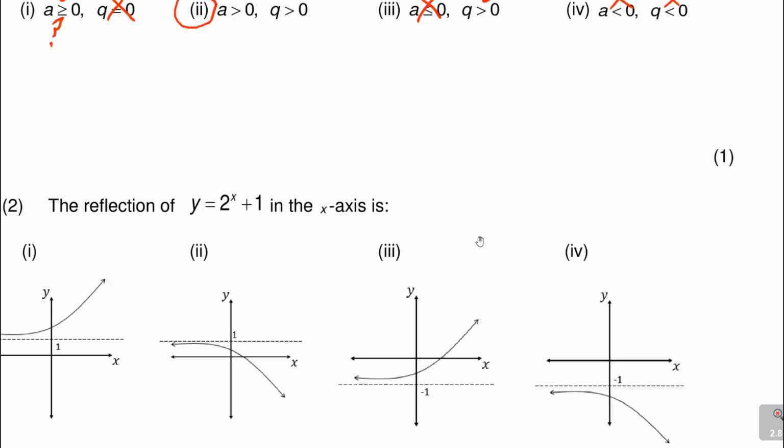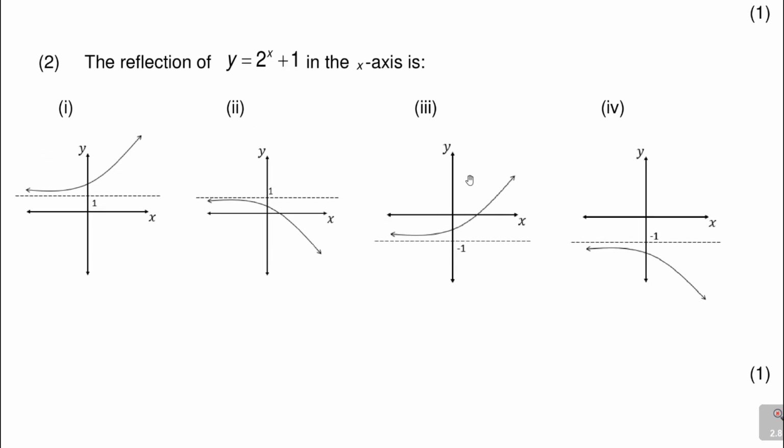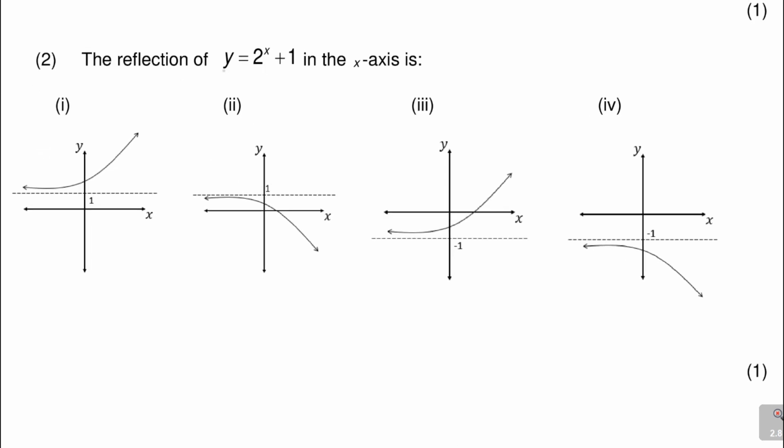There it is. And then the reflection of y is equal to 2 to the exponent x plus 1 in the x-axis is, so alright, so the first one is 2 to the exponent x plus 1, you know, is this graph. They will always give you something to trick you. So that is that graph whereby 1 is the asymptote here. You see, this one is the asymptote.